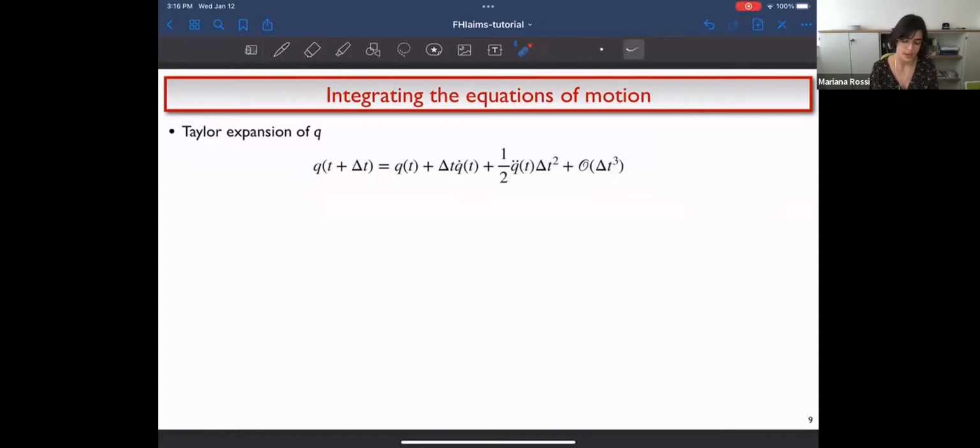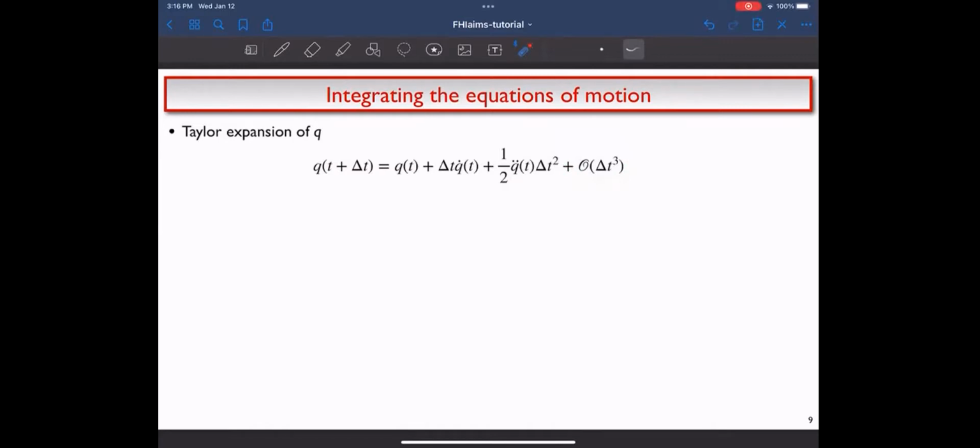This is a way already to define an integration scheme for your equations of motion, but it's not very accurate for several reasons. One of them is that the error with respect to delta t is already at order delta t to the third, and the dynamics will be unstable.